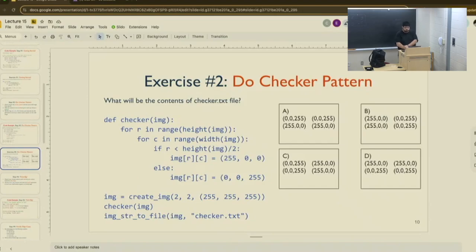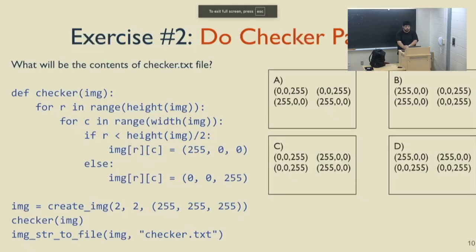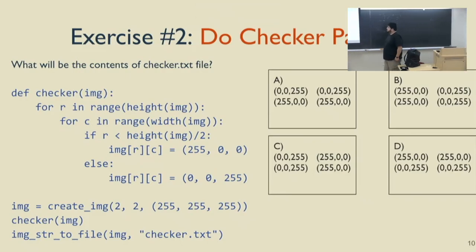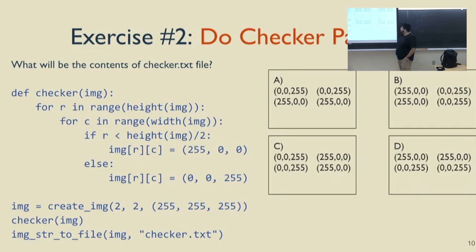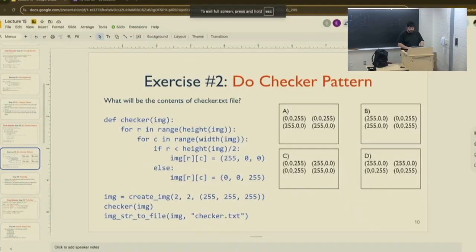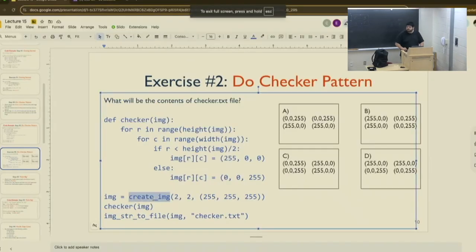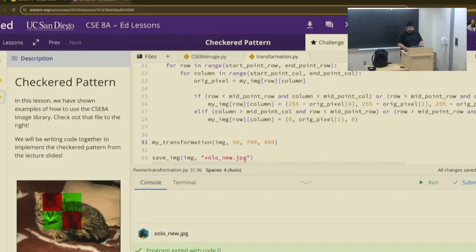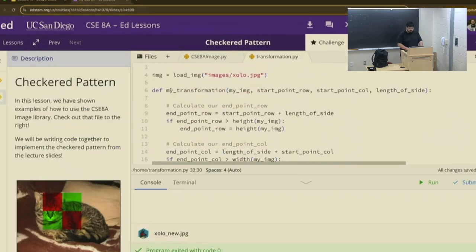So, what will be the contents of checker.txt? Oh, wait. We haven't done create image yet. Let's create an image. The create image function that we have here will literally make you, let me save all this other stuff.